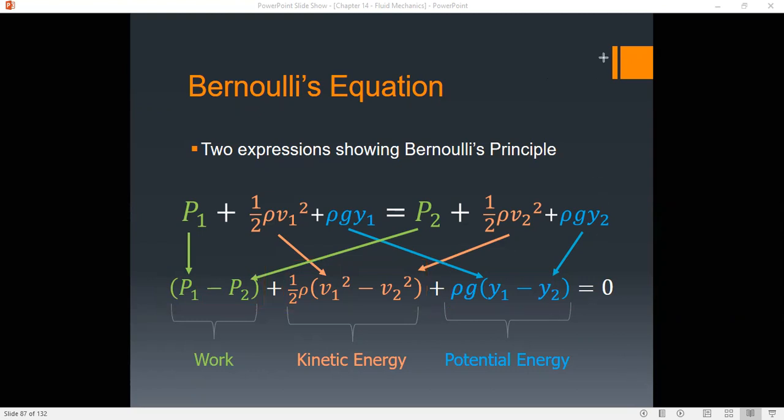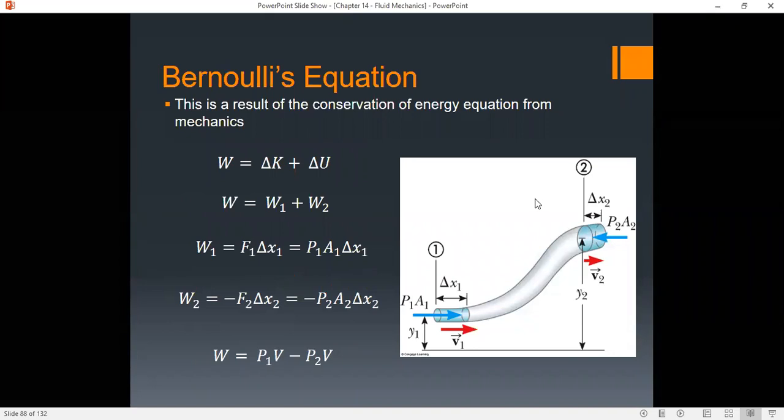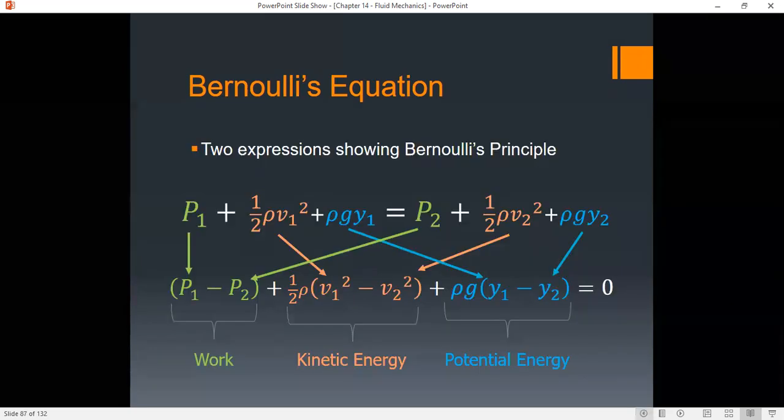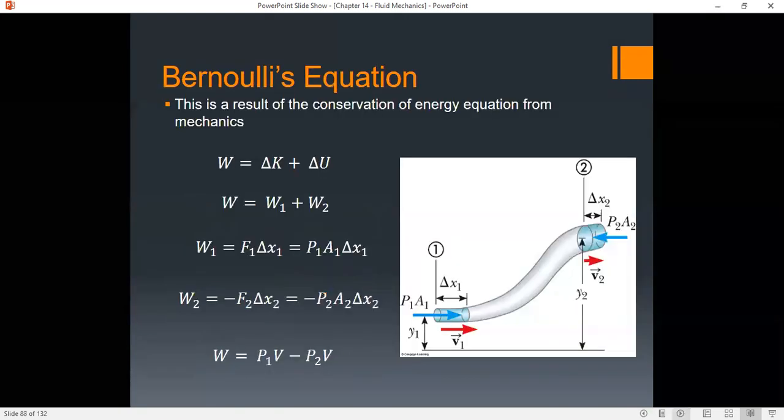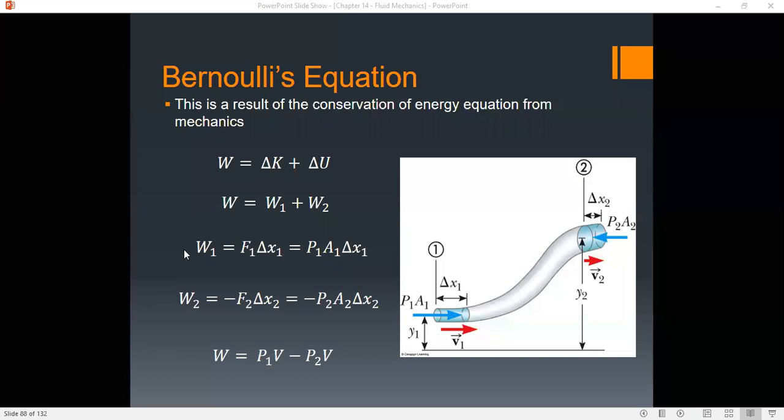All right, let's take a look at this. Again, think about the equation work equals change in kinetic energy plus change in potential energy. That's really what we saw previously. Again, work is on one side. We're looking at work per unit volume. You can see the work done at point 1, the work done at point 2.